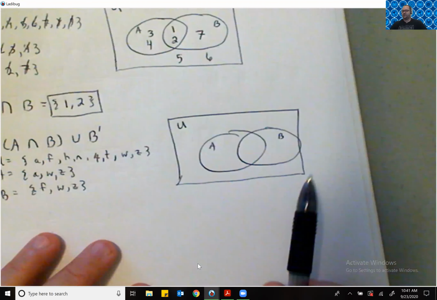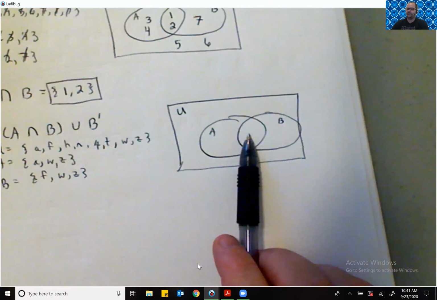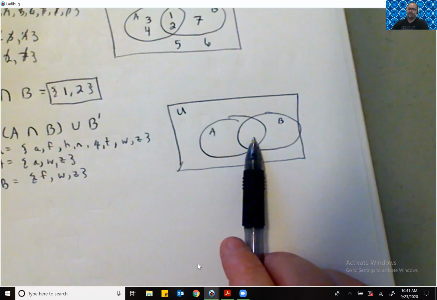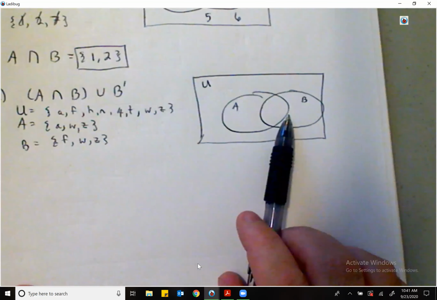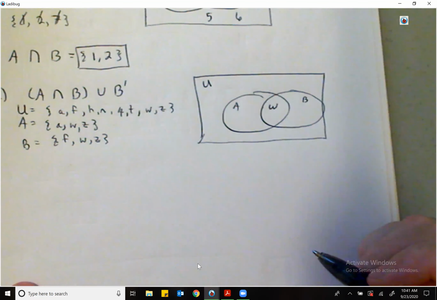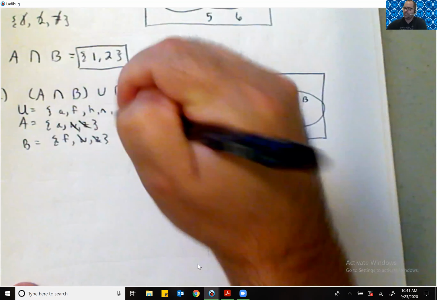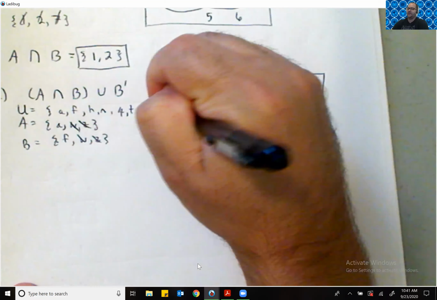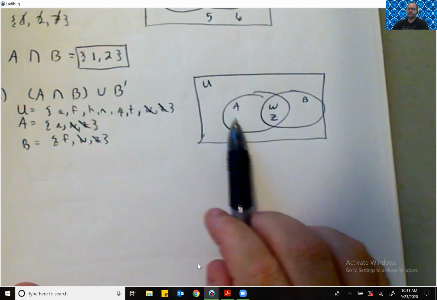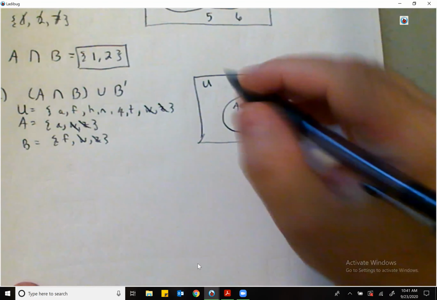So, just like before, start in the middle. Is there anything in the middle of A and B? W. Anything else? Z. It's got W and Z. So we cross those off. Anything left in A? A. Cross those off.